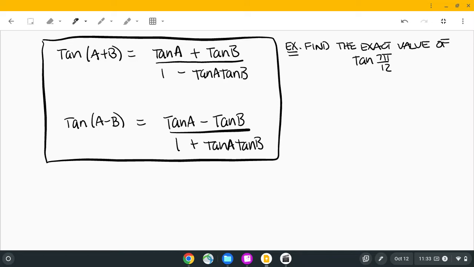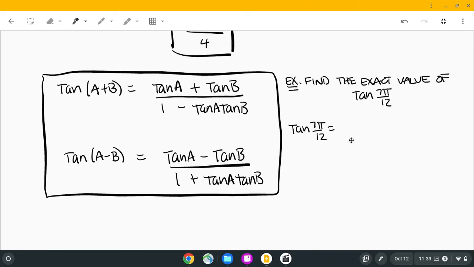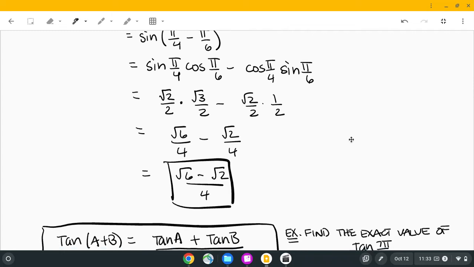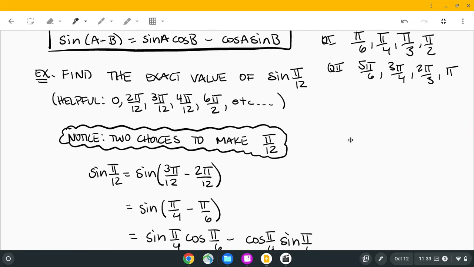Okay. All right, so tangent 7 pi over 12 is going to equal. So what I'm going to do, I'm going to scroll up to where I have my list of radians in twelfths. Okay, we want 7 pi over 12. We want 7.